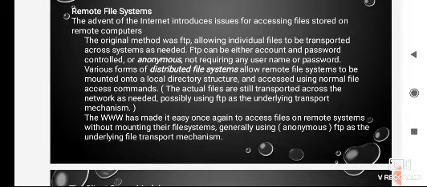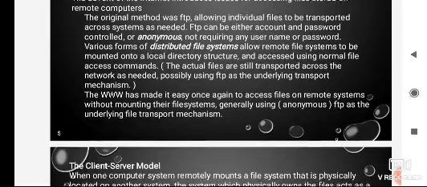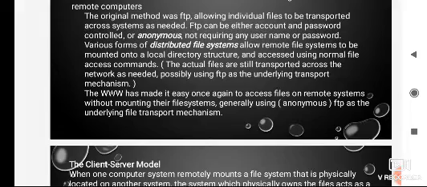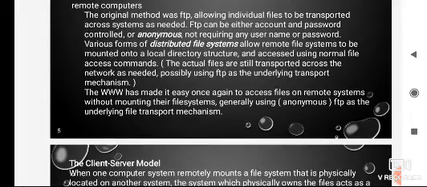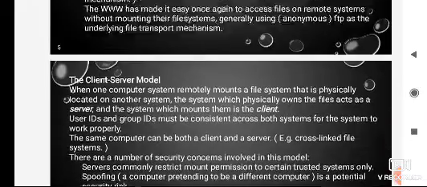Various forms of distributed file system allow remote file systems to be mounted onto a local directory structure and accessed using normal file system access commands. The WWW has made it easy once again to access files on remote systems without mounting their file systems, generally using the file transfer protocol as the underlying file transport mechanism.